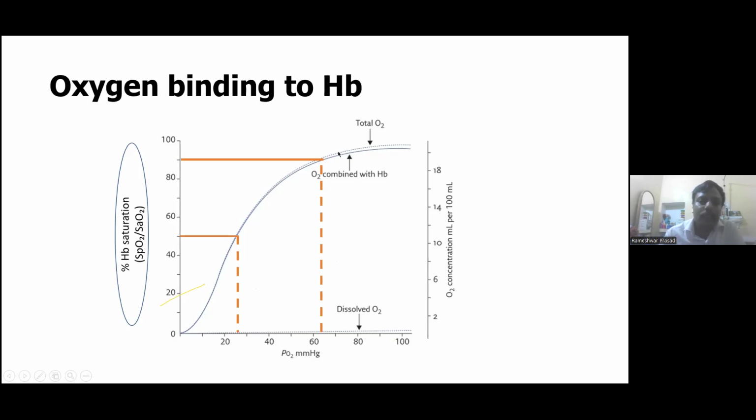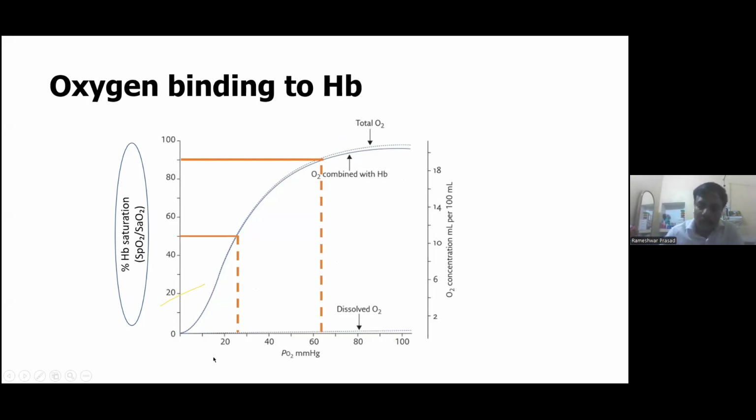That means if your baby already has hemoglobin saturation or SpO2 of 95%, further increase in FiO2 will not increase your SpO2 much, but it will only increase the partial pressure of oxygen. I will come to this again later.